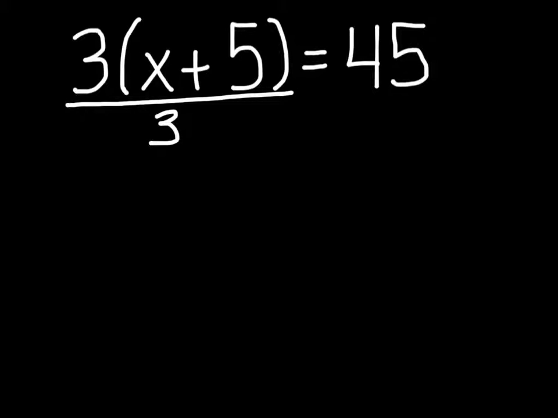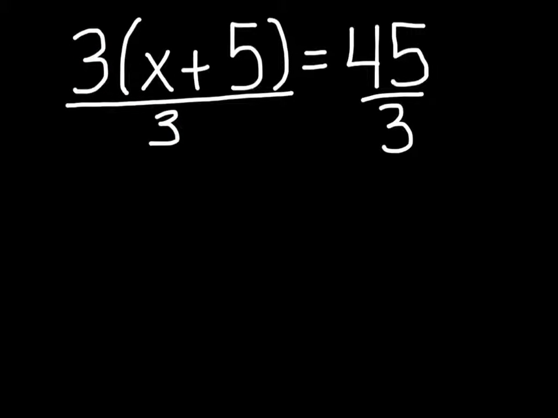So since I divide the left side by 3, what do I have to do to the right side? Divide it by 3 as well. Okay, so what happens to these two 3s?